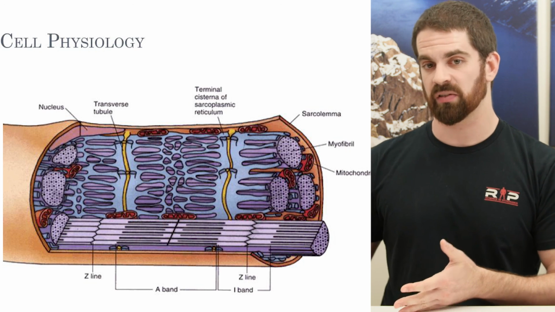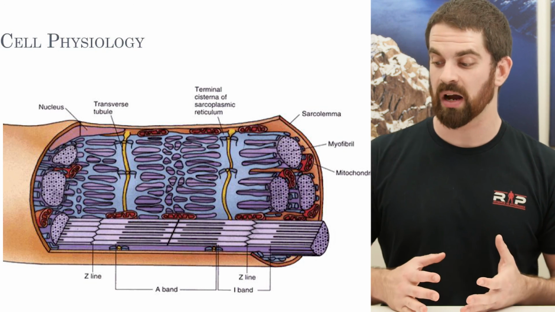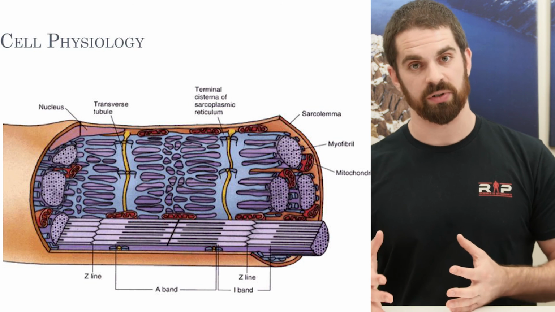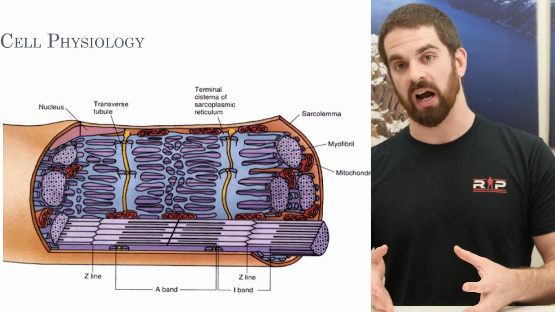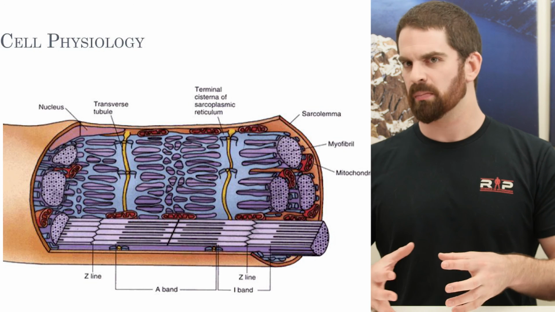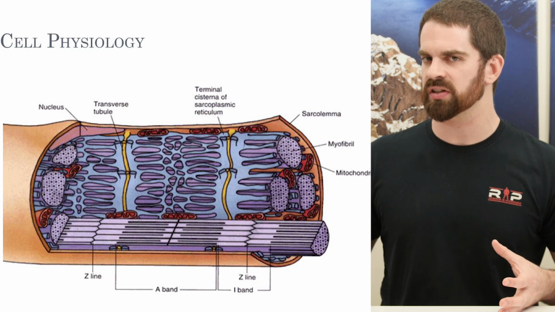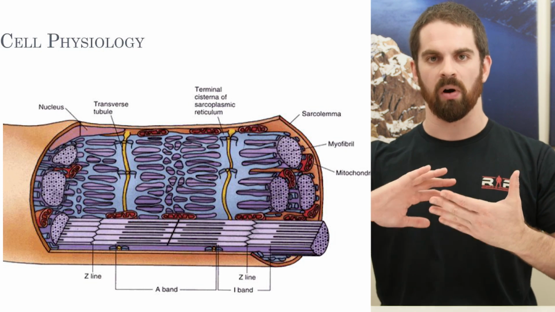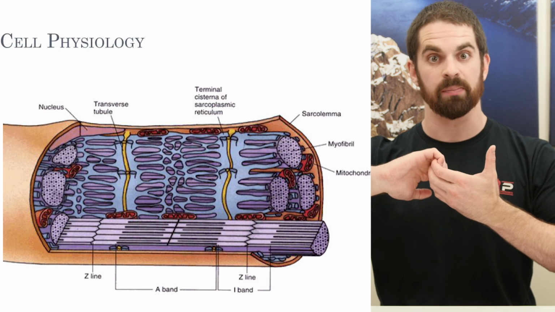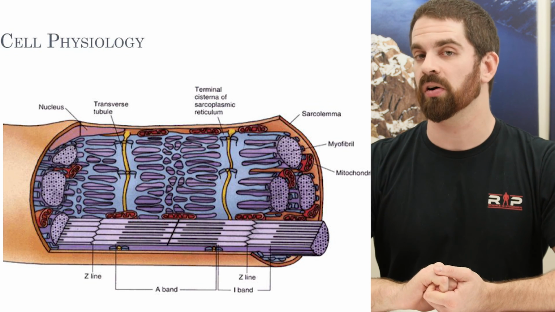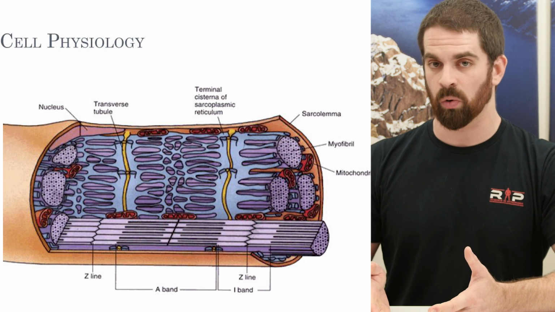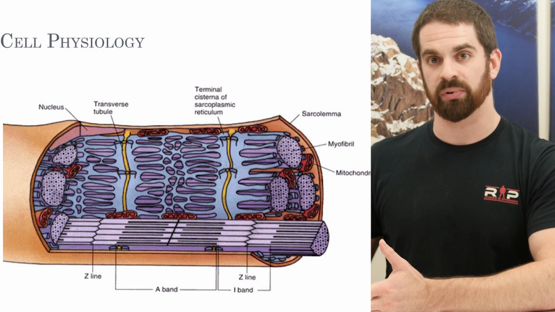And this might vary a little bit from cell to cell. So we'll see type 1 fibers might have a little bit more vascularization. They might have more mitochondria, whereas type 2X fibers might have a little bit less packing density of those things, but more and more actin and myosin filaments to create bigger forces. So it's just worth noting, same idea of the same organelles, same cell stuff, now just placed in the context of skeletal muscle.